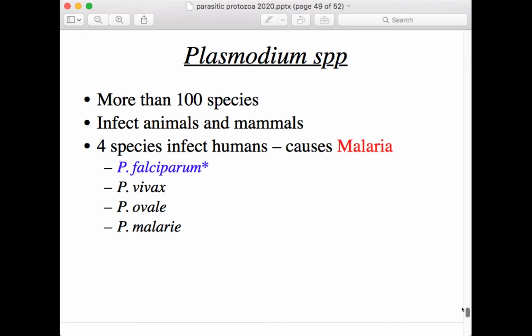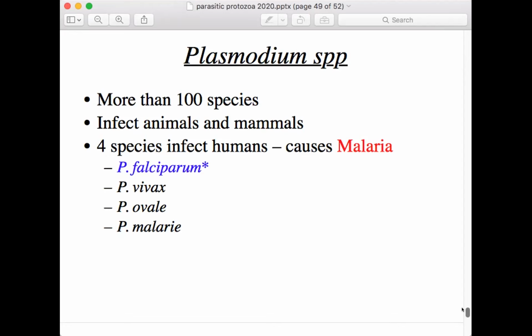4 species of Plasmodium. These are under our group of Apicomplexa. We're just categorizing our parasitic protozoa. So the Apicomplexa, we have Plasmodium as an example of one that is pathogenic and causes human disease. All right, it causes the disease malaria.